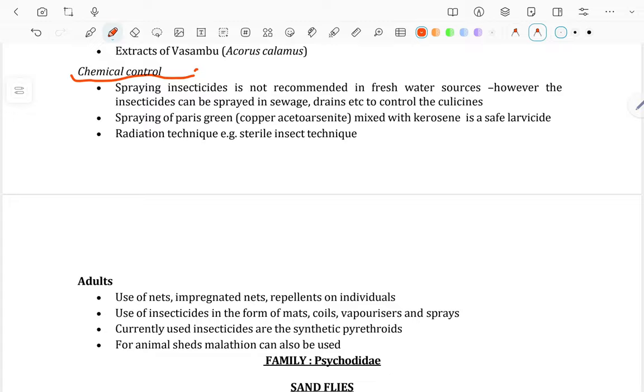Chemical control. Spraying insecticide is not recommended in freshwater source. However, the insecticides can be sprayed in sewage, drains, etc. to control the culicines. Spraying of Paris green, copper acetoarsenite mixed with kerosene is a safe larvicidal technique. Example: sterile insect technique. Adult.